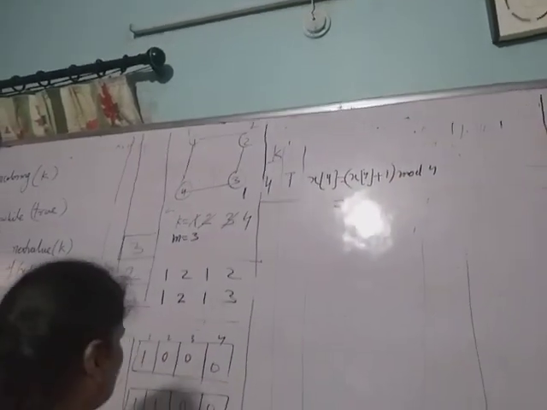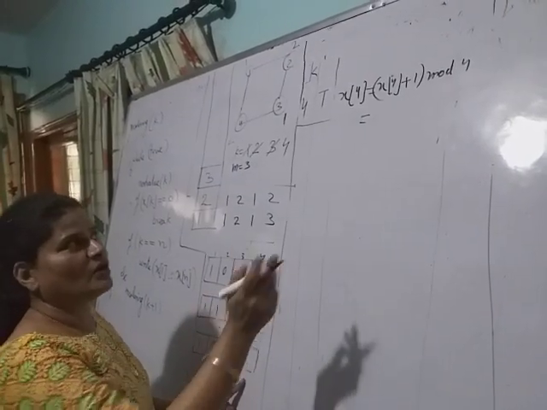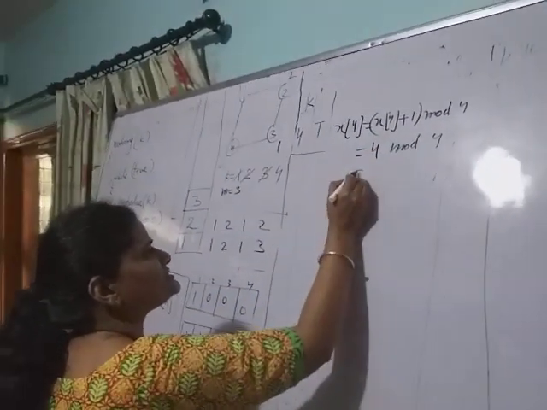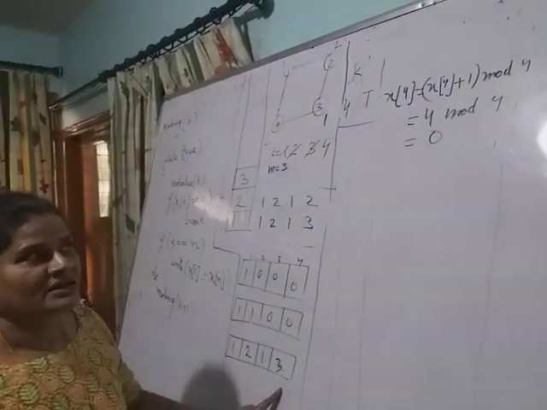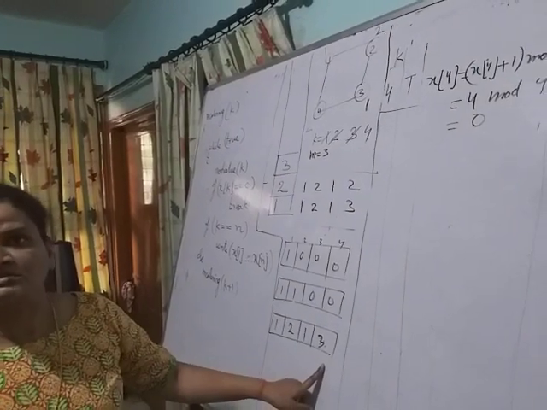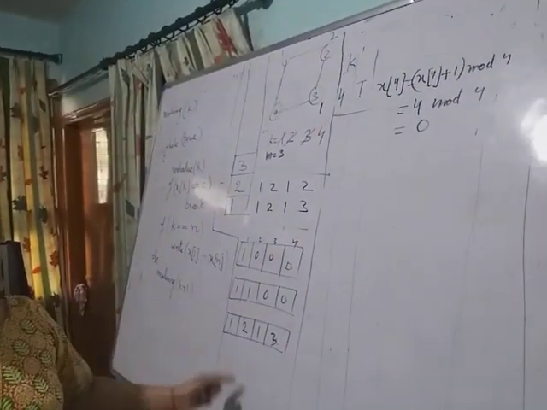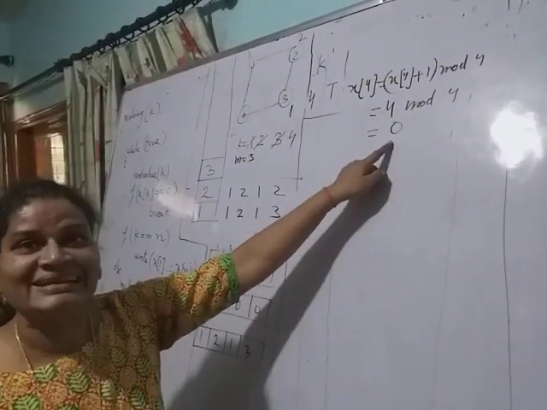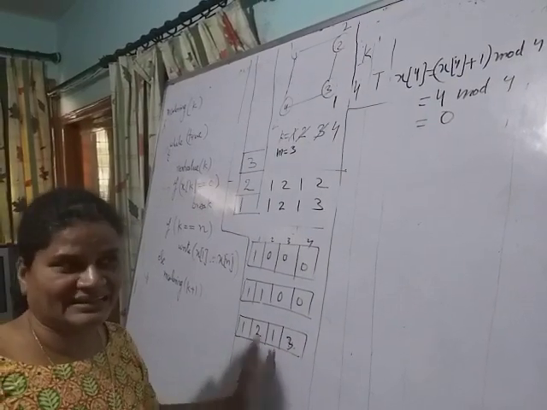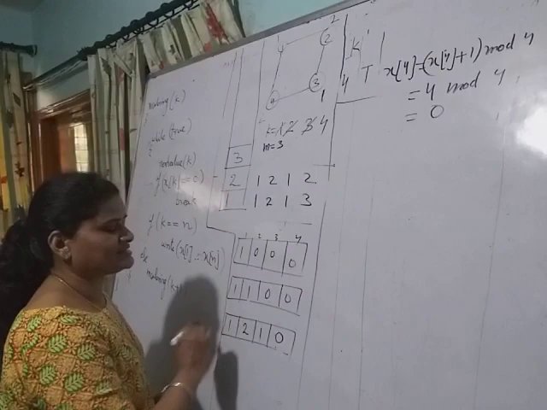Now x4 is 3, so 3 plus 1 mod 4, 4 mod 4 is 0. Okay. Now for x4 all possible colors have been tried and at the end it will reset the value to 0 before backtracking.